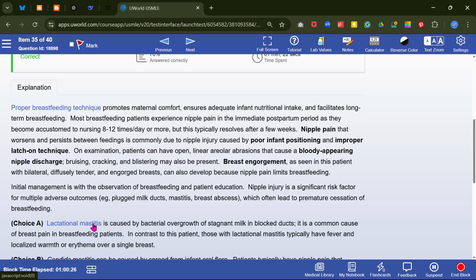In management, with observation of breastfeeding and patient education, nipple injury is a significant risk factor for multiple adverse outcomes: plugged milk duct, mastitis, and breast abscess, which often lead to premature cessation of breastfeeding.